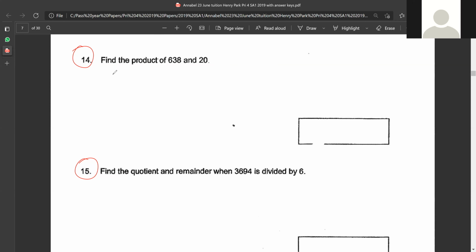Product is 638 times 20. Remember, product means multiplying. I don't think I want to repeat this again now. Can you remember? Product means multiply. So you multiply, what's the answer here?